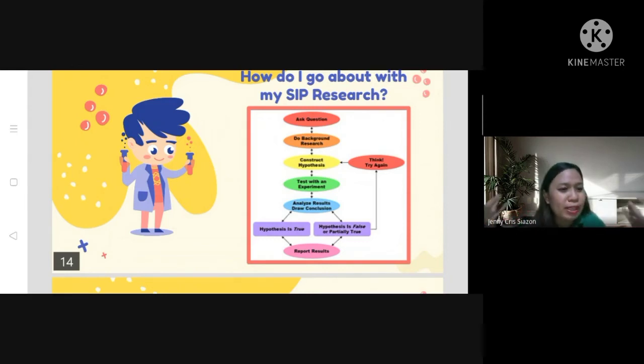Kasi mas ma-organize yung ideas kapag ang nakikita natin is not pure text but instead of tables and graph. Naka-arrange yung ating mga data, yung ating information na nakuha from the experiment. At this time around, we can now analyze the results from the table, from the graphs that we have conducted, and draw conclusion.